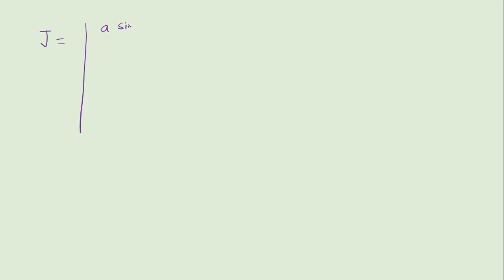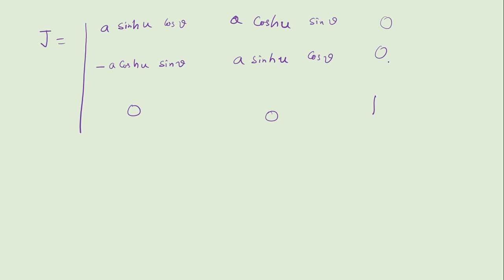A sinh u cos v, minus a cosh u sin v, and this is 0, and this is a cosh u sin v, a sinh u cos v, 0, and this 0, this 0, this 1.